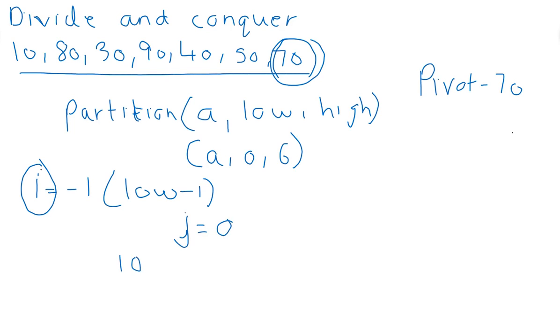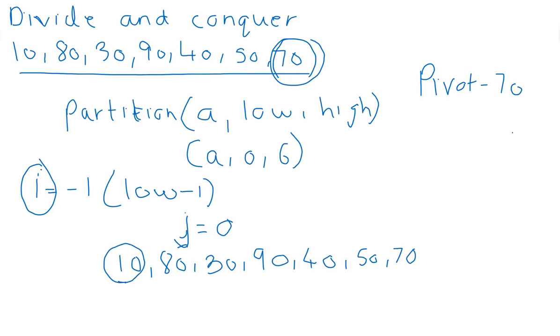So we have 10, 80, 30, 90, 40, 50, and 70. Now j is 0, so this is my element. I'm going to compare this element with the pivot.